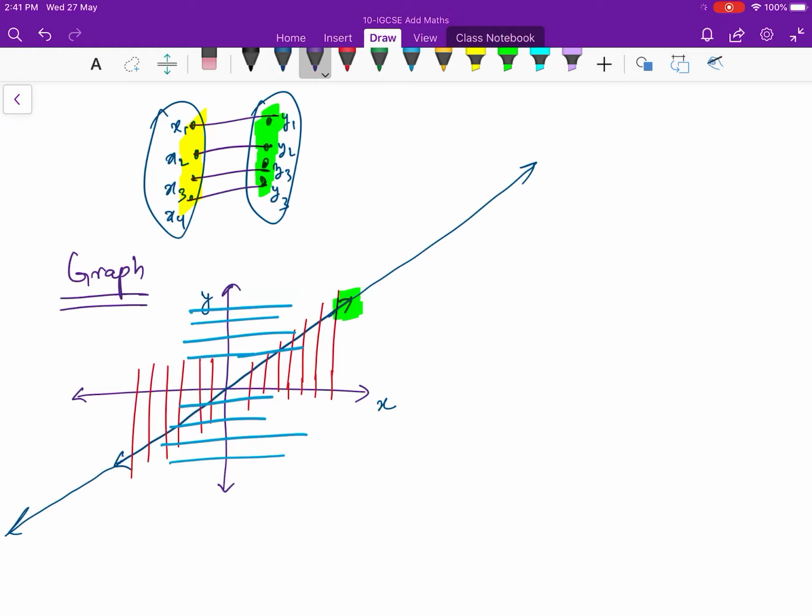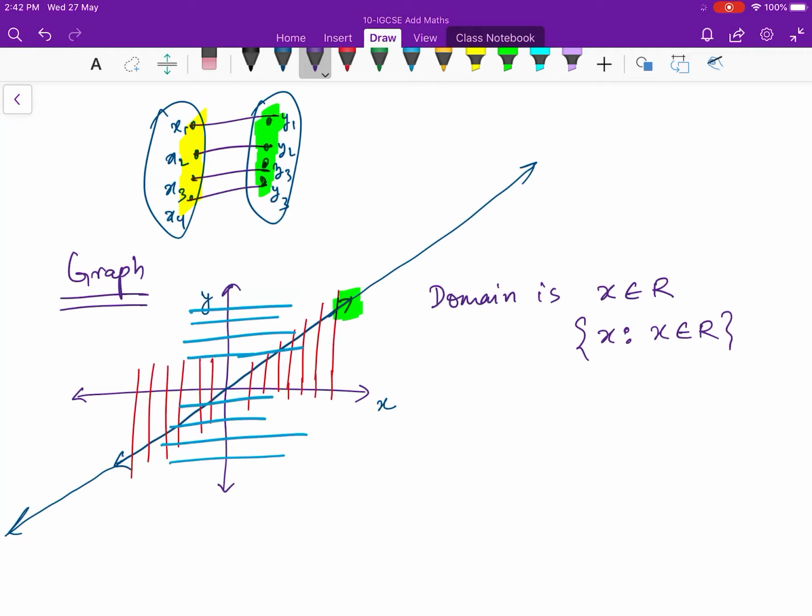So I will simply say that the domain is x belongs to R, and we have to write it in interval notation. You can say x such that x belongs to R. So any real number is the domain.